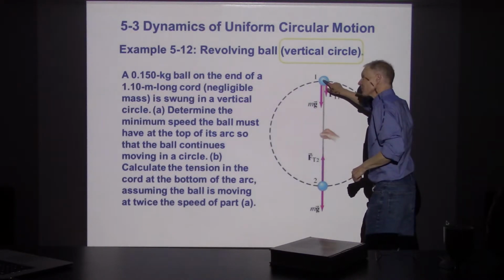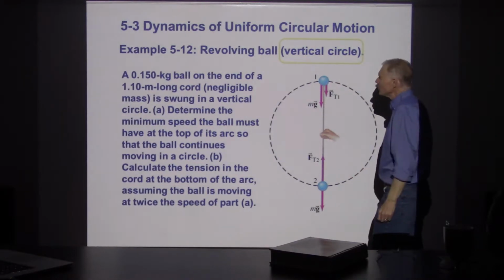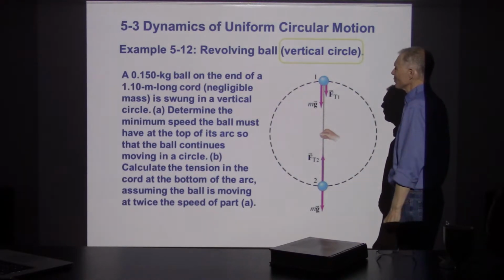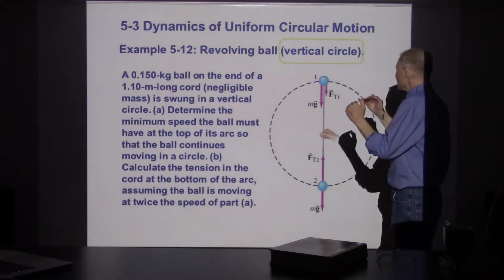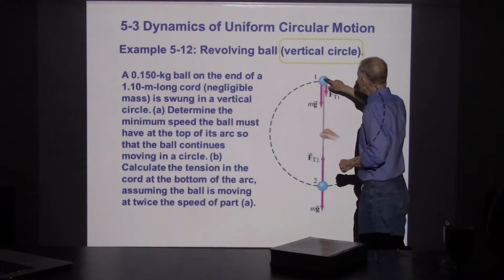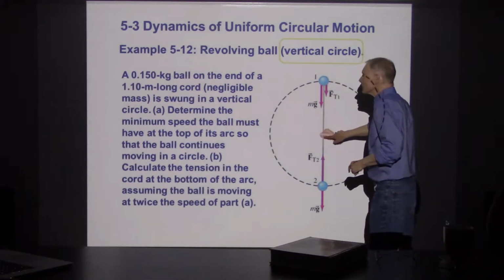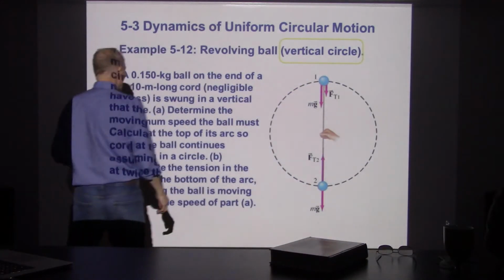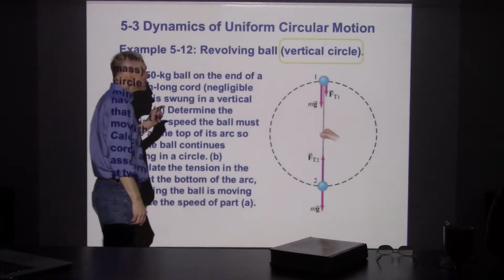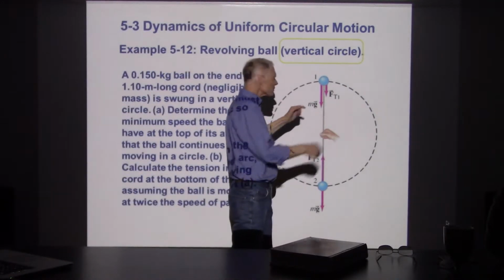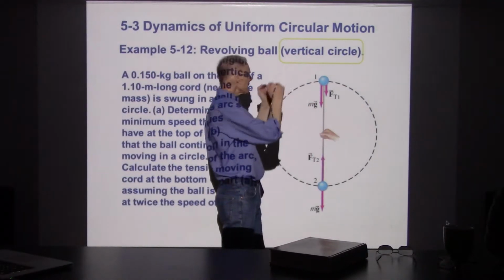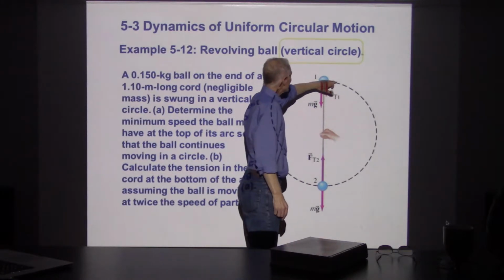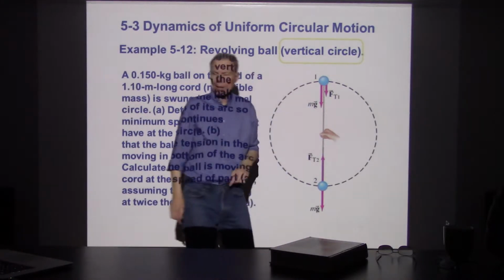So the string's actually a little shorter. They called it a 1.10 long cord. We are assuming when we say that, we mean center to center distances. So it's center to center for the vertical motion, and then we assumed we were spinning this just fast enough at the top that it maintained a nice circular path.